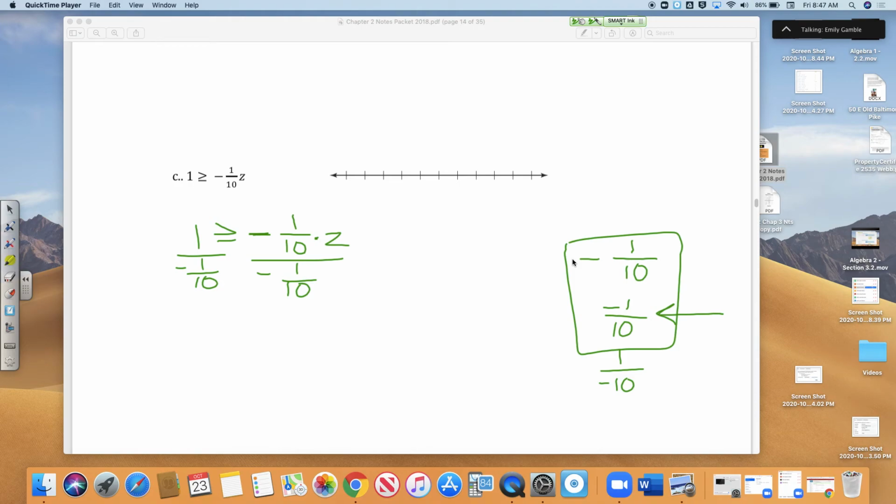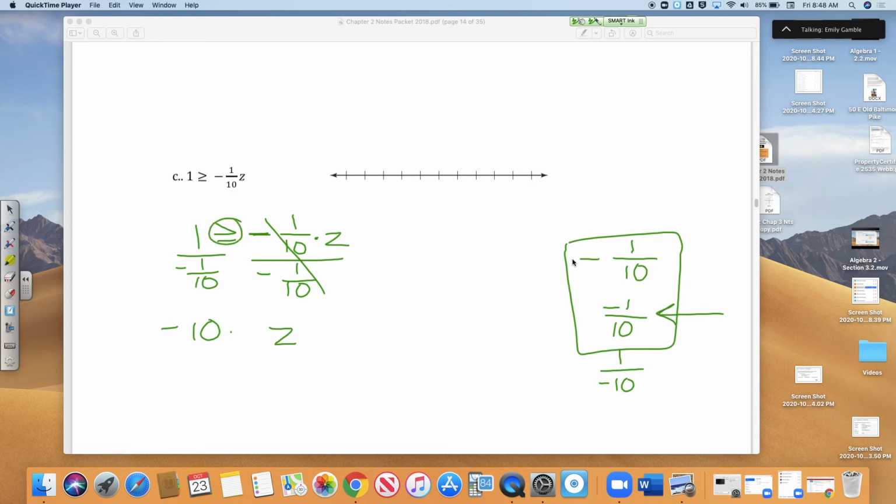So you would definitely want your calculator for this, because if you didn't have one, you might not know how to do 1 divided by negative 1/10. This one's going to be weird because you are dividing by a fraction. When you divide 1 by negative 1/10, it's going to end up being negative 10 as your answer.